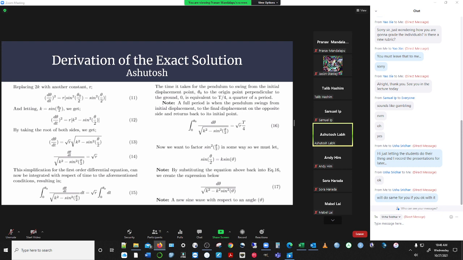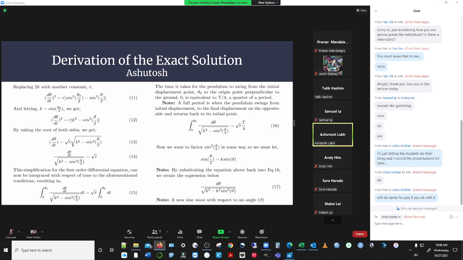So T over 4 is basically what you get when you integrate with respect to time to find the angular displacement between those 2 points, between theta subscript 0 and 0. And as you can see, I've described that in the notes above and also verbally.